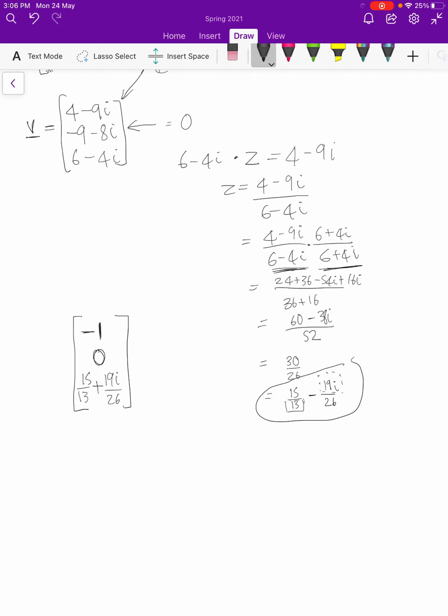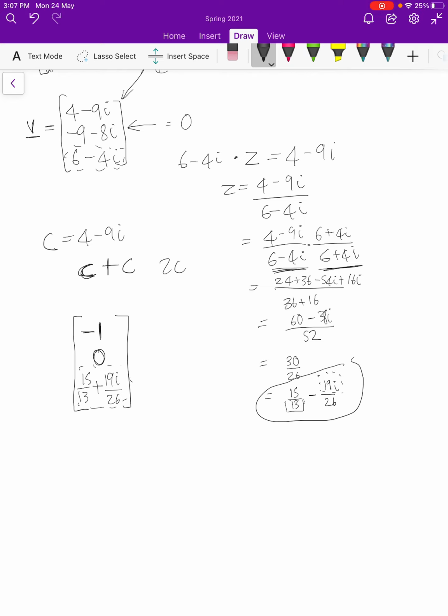Now, why did we do minus 1? Because, say, let's allow c equal to 4 minus 9i. Well, we're going to get c by multiplying 4 minus 9i by 1. But if we have c plus another c, which is going to result from this times 6 minus 4i, then we're going to get 2c.